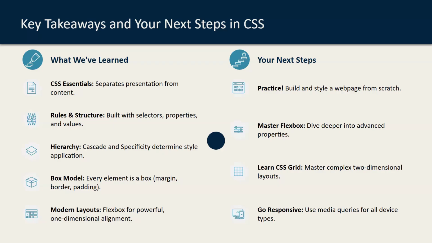We also took a first look at Flexbox as a powerful modern layout tool for one-dimensional alignment. And the only way that you will get comfortable with all these properties is practice.